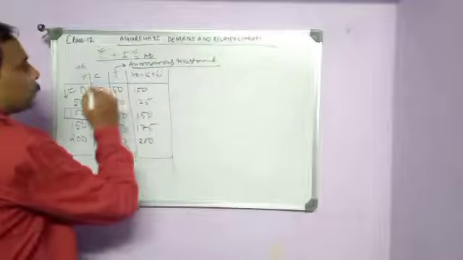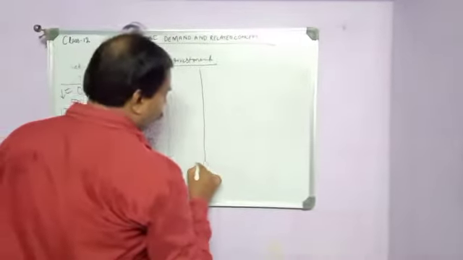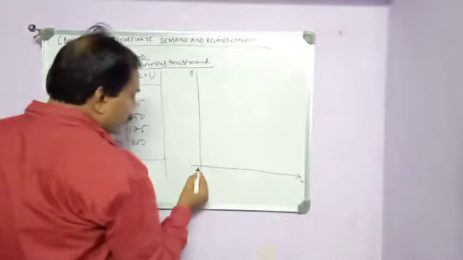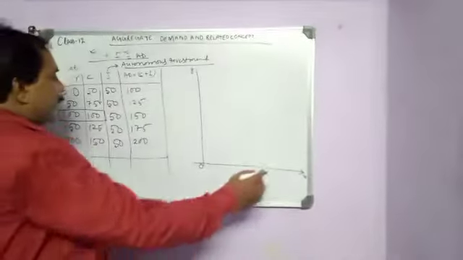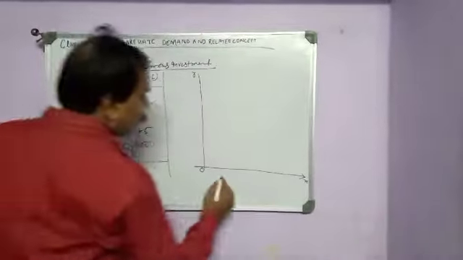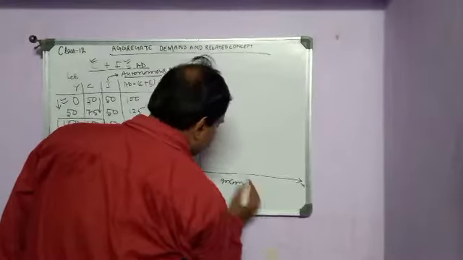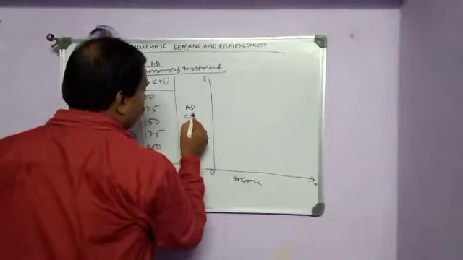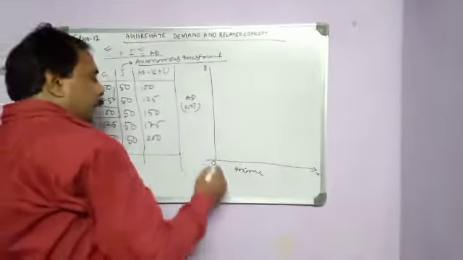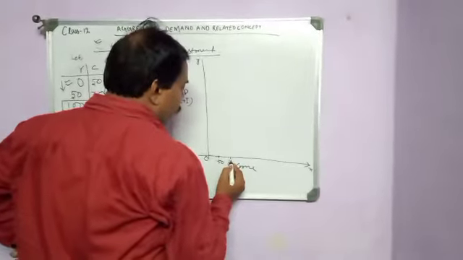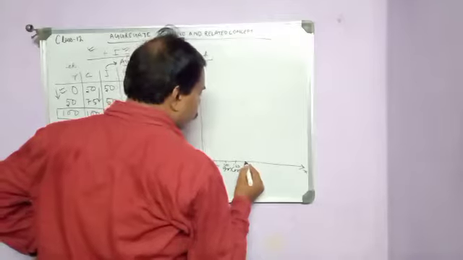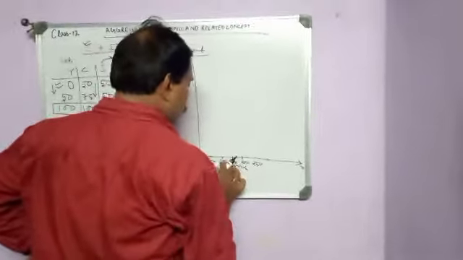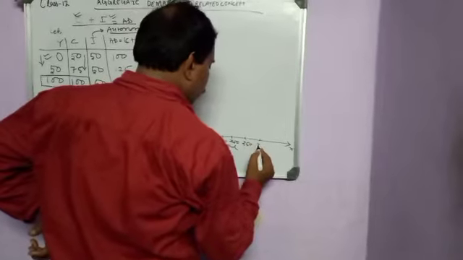Okay? So it can also be explained with the help of the following diagram. There are two axes, one is X and the other is Y. This is zero, that is the origin. On the X-axis, income is given. On the Y-axis, AD is given, and we can say C plus I. Suppose our income is 0, 50, 100, 150, 200, 250 and 300.